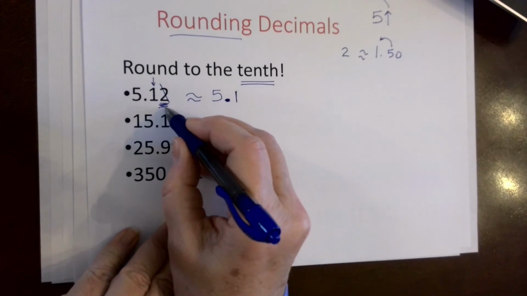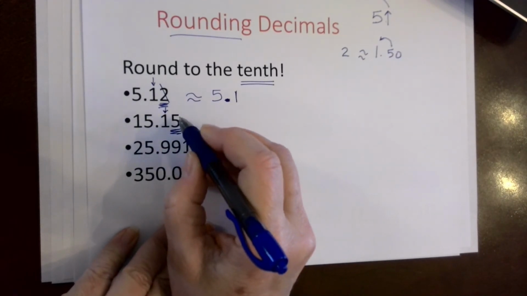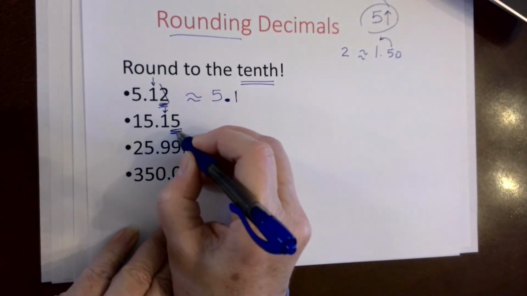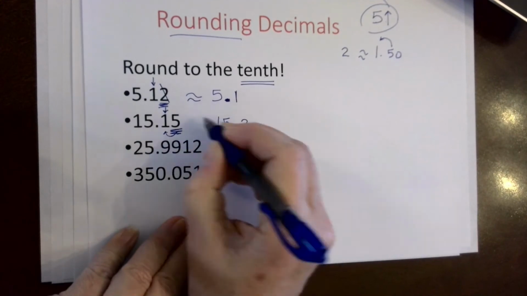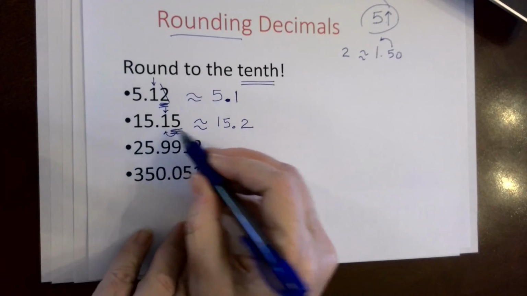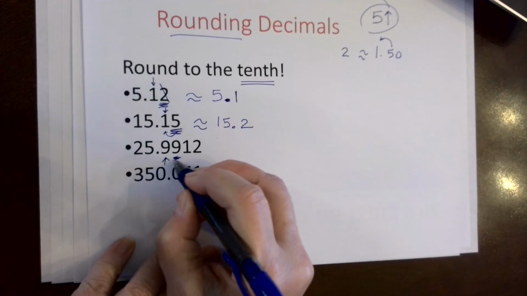Next one, round to the nearest tenth, but you look to the next number in the hundredths column. Well, that's 5 or bigger. So we round up that 1 to a 2. And 15.15 is approximately 15.2. Here's the tenths column. So look to the one to the right.